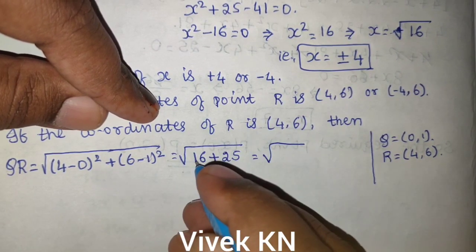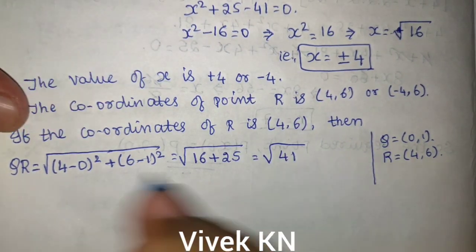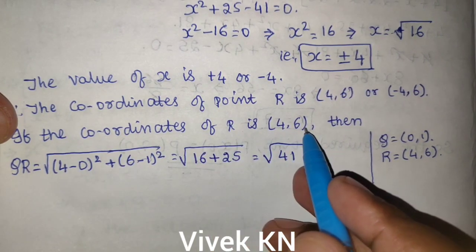Under root 16 plus 25 is 41. This is the value of QR when the coordinates of R is 4 comma 6.